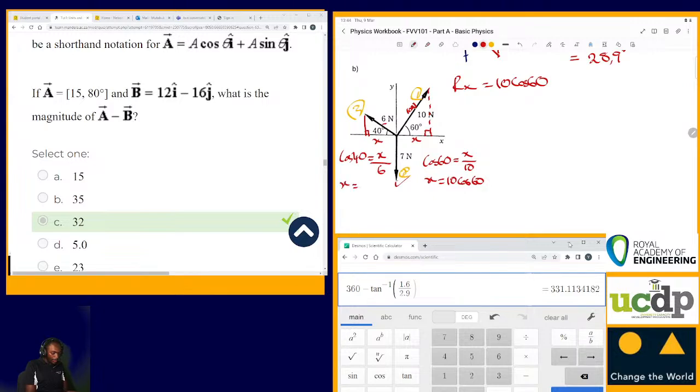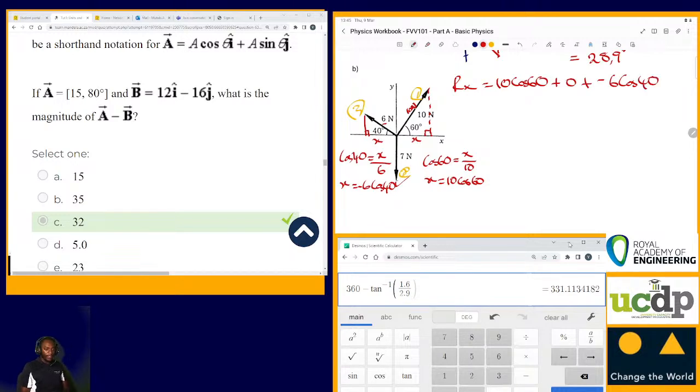So x is going to be equal to 6 cos 40. And this is negative because we're on the negative side of the x-axis. Alright. So we said vector number 2 does not contribute, plus a negative 6 cos 40.